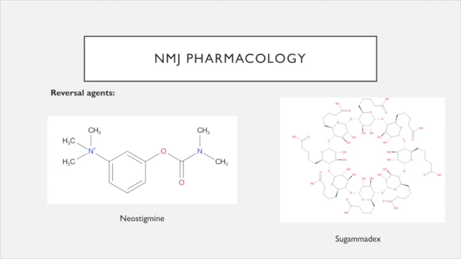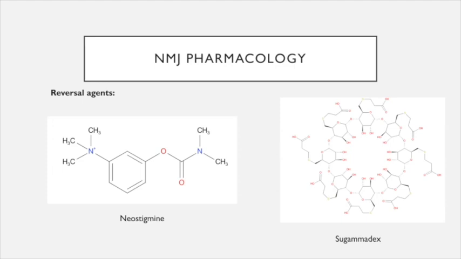At that point, you can reverse the patient with neostigmine, and to counter the side effects of neostigmine, like excessive secretions and bradycardia, you give glycopyrrolate at the same time. Or if in your institution you don't have glycopyrrolate, you can give atropine at the same time as the administration of neostigmine.